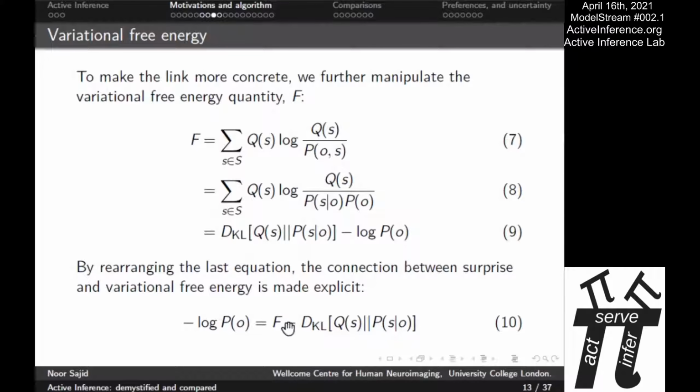So if you remember that KL is a divergence, which means that it cannot be less than 0. So it's always greater than or equal to 0, which means that when our approximate is equal to the true posterior, we end up with the variational free energy equal to the negative model evidence, which means that minimizing free energy is essentially equivalent to maximizing the model evidence.